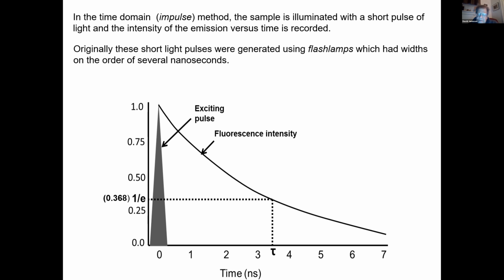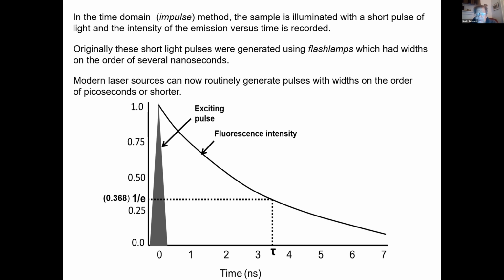And in fact, this used to be a big deal. I've been to meetings. I remember a famous NATO conference once. I would say 80% of all the talks were about mathematical methods to extract the lifetime when you had these broad flash lamps. All that's in the past now because modern laser sources generate pulses with widths on the order of picoseconds or shorter, femtoseconds.